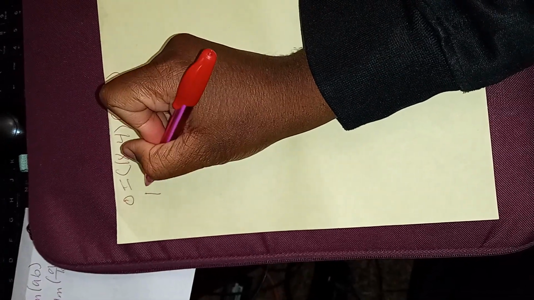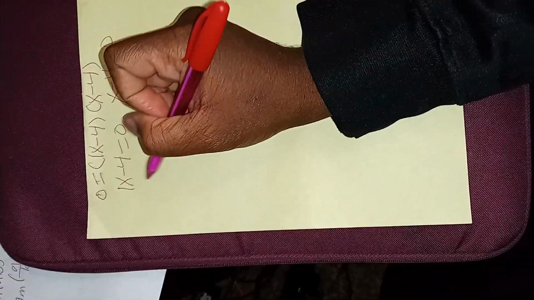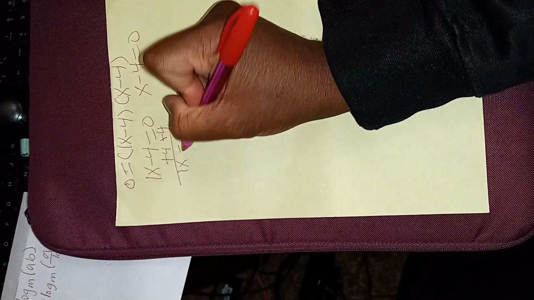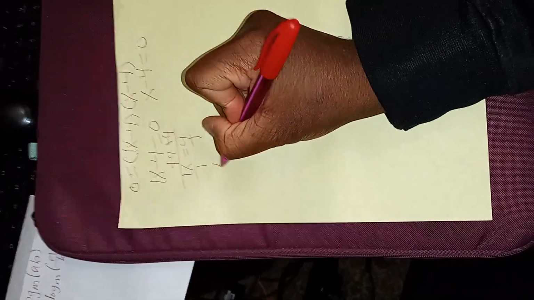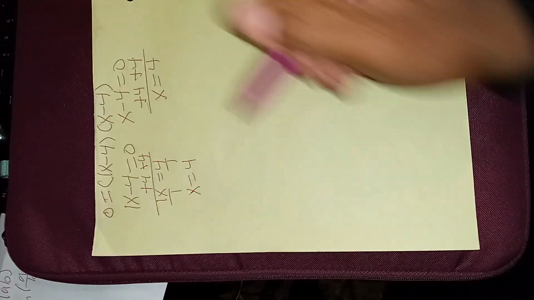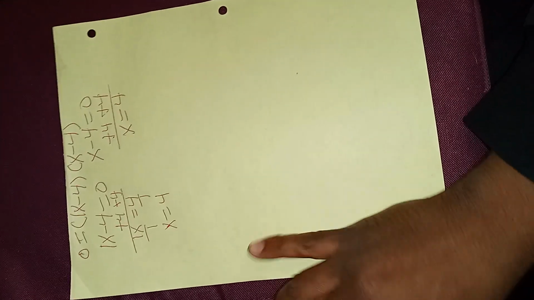So we set each piece, or each binomial, equal to 0. So add 4 to both sides of the equation: 1x is equal to 4, divide both sides by 1, and x will equal 4. And then this one, just add 4 to both sides, and x is equal to 4. So we have the same answer twice, so we only need to use it once, and we plug into the original equation to see if this works out.